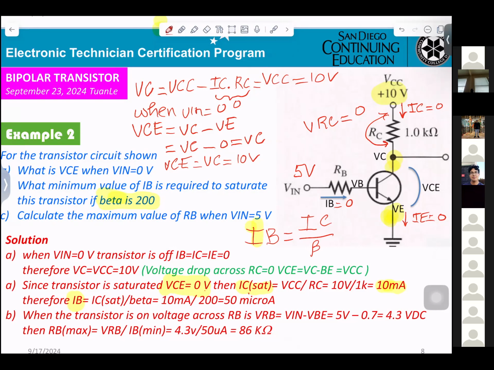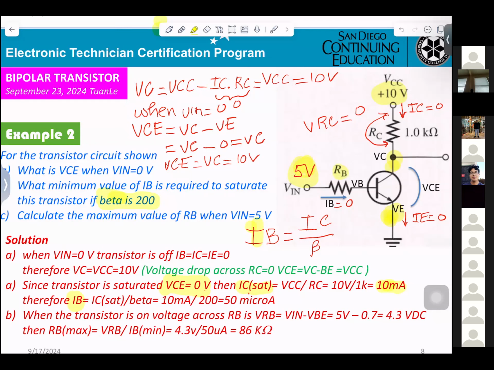However, for the next one, when the transistor has 5 volt applied here, calculate the maximum value of RB when V in equals 5.